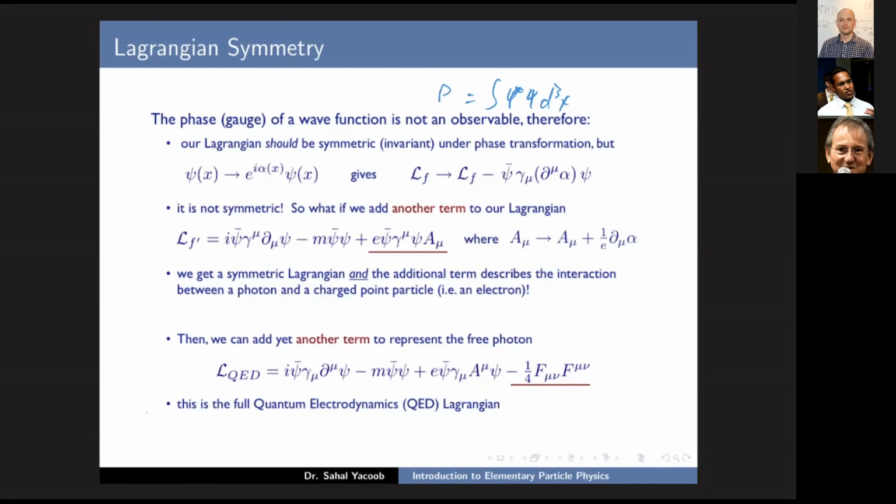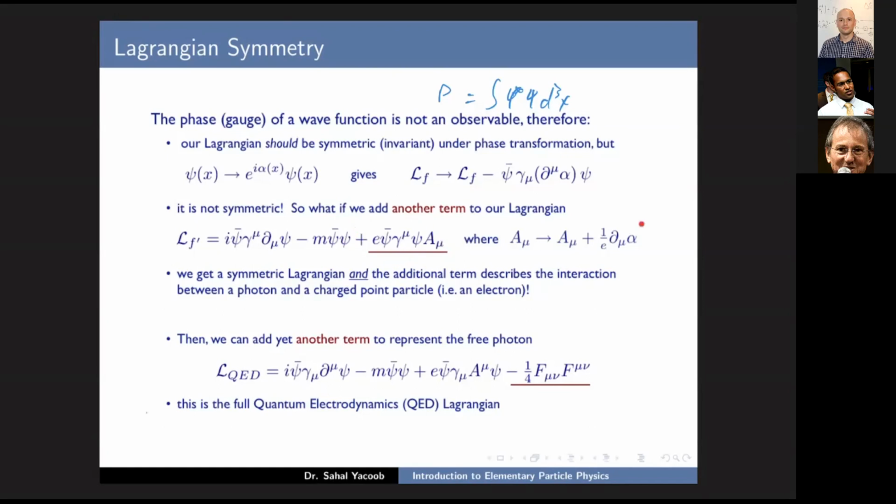We can essentially use this extra term, which we plopped in to fix the Lagrangian needing to be invariant under local phase transformations, to fully describe electromagnetism. It didn't have to be, right? There's some freedom.